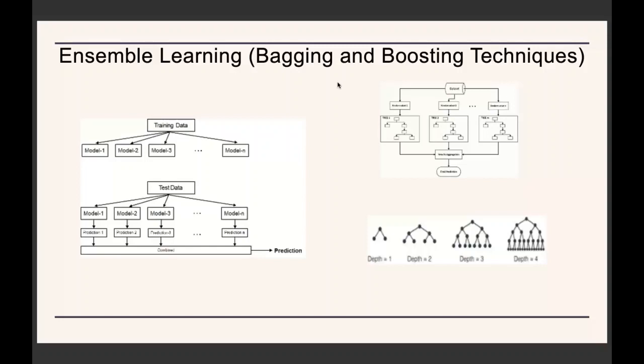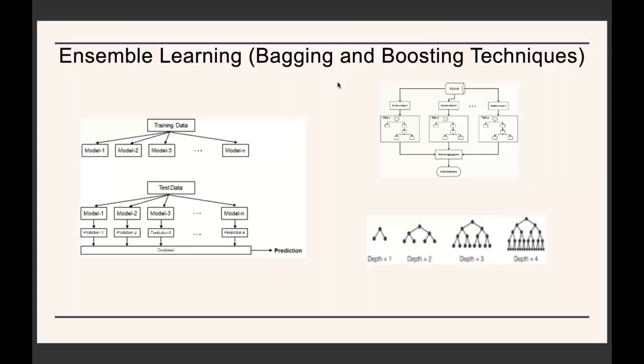Okay, boosting, what is boosting? Boosting algorithms are again ensemble learning models. The most famous ones are gradient boosting and extreme gradient boosting. What they do is iteratively build on the previous model. In the first iteration, you build a model, and you get some errors or some challenges with your model.